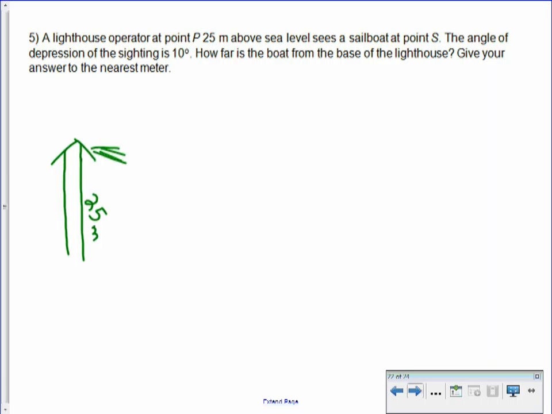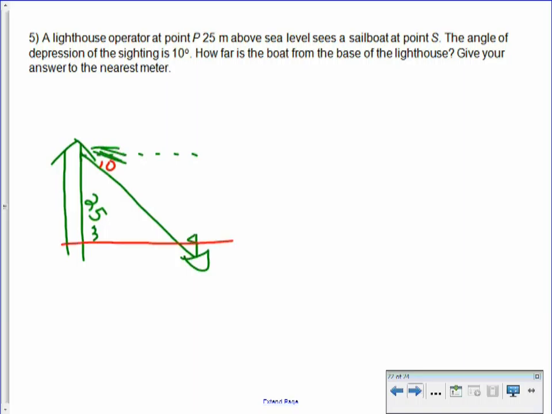Sees a sailboat at point S, so we got a boat over here. The angle of depression of the sighting is 10 degrees. So as the guy is looking down, it is 10 degrees in here with the horizontal. Not on the inside, it's on the outside. Depressions are on the outside. Right?